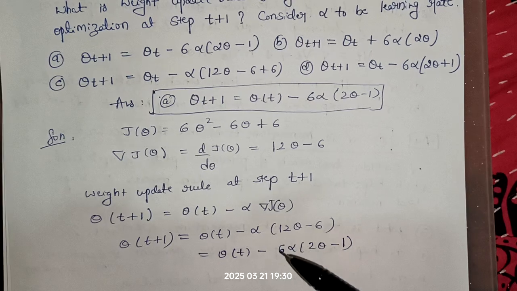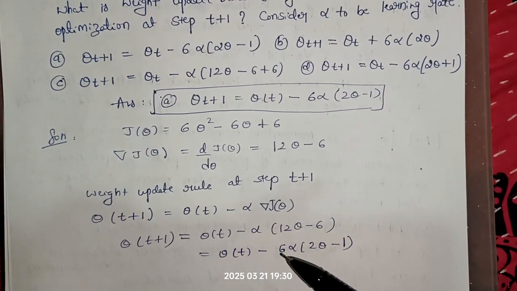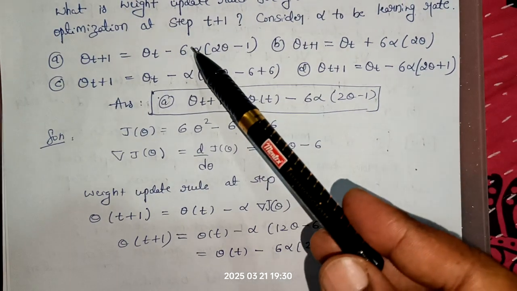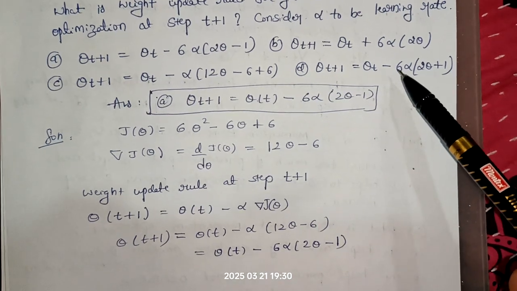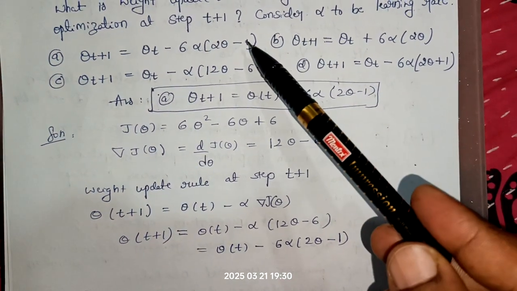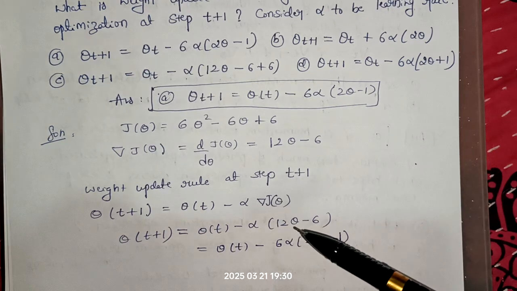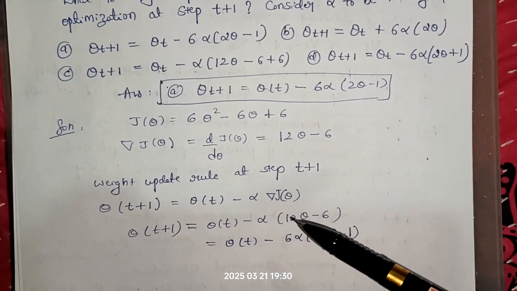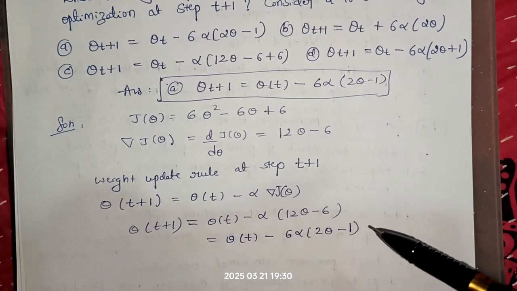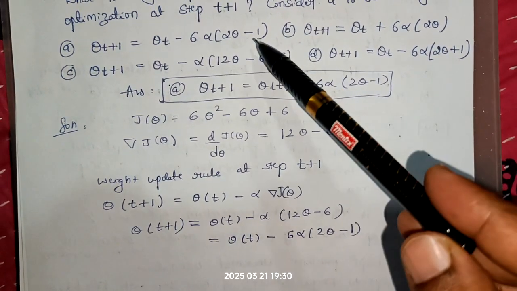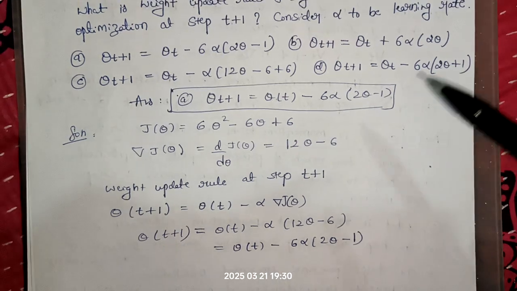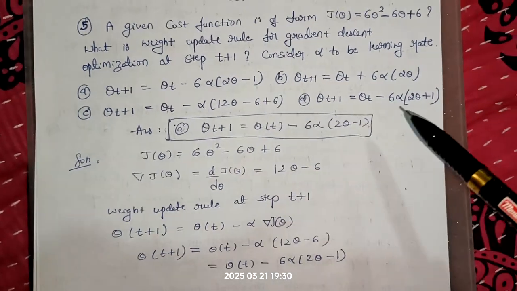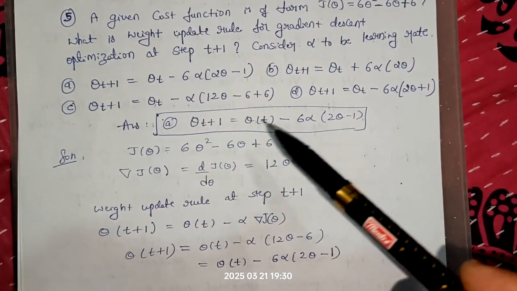Take 6 out, so it is minus 6 alpha, which you have here as well as here. But look, plus 1 is there here, and here it is minus 1. If you take 6 out here also, you will get minus 1, that is A. So that is the correct answer. There is a confusion between A and D, but the correct answer is A.